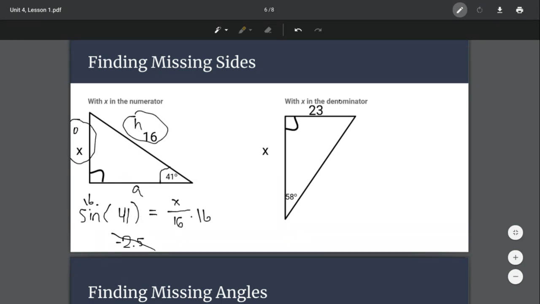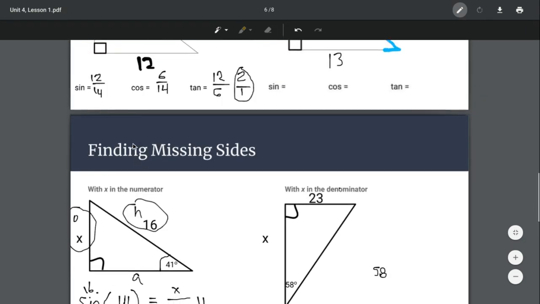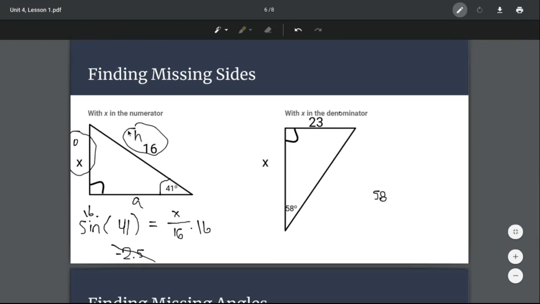So if it's in the denominator, it's different. We still have the reference angle that we can write down off the bat. Now we need to find out if we're going to do sine, cosine, or tangent. How we do that is we just label everything by either our Greek or just normal letters. Honestly, if the Greek just confuses you, just remember HOA.